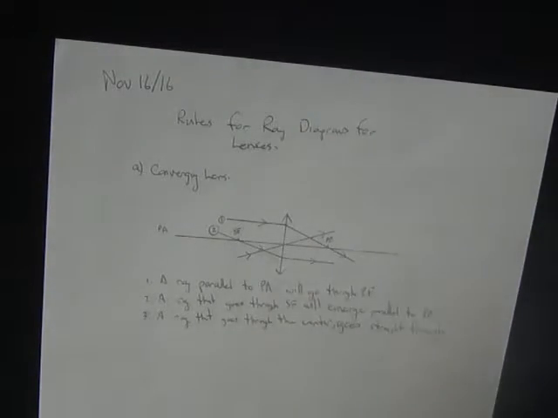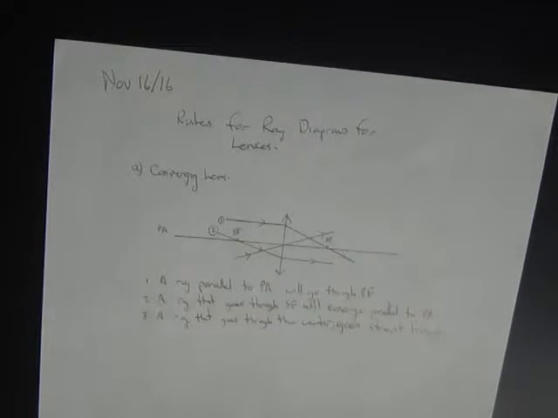You can see there in that first picture, beyond the 2F. I want to find where the image is. How many rays do we need to locate the image? Yep, we only need 2. We've got 3 rules, but we only need 2.